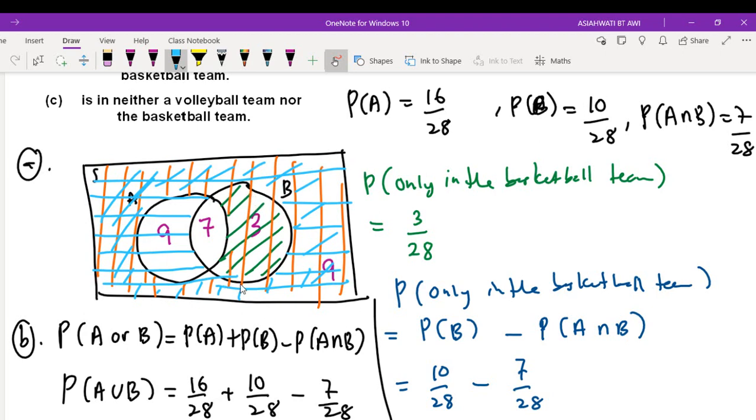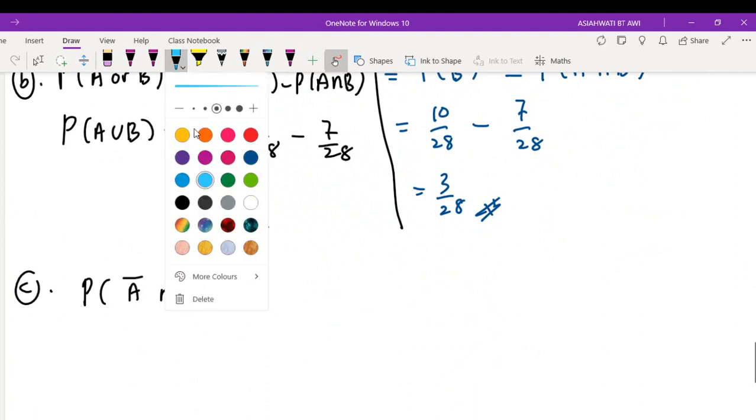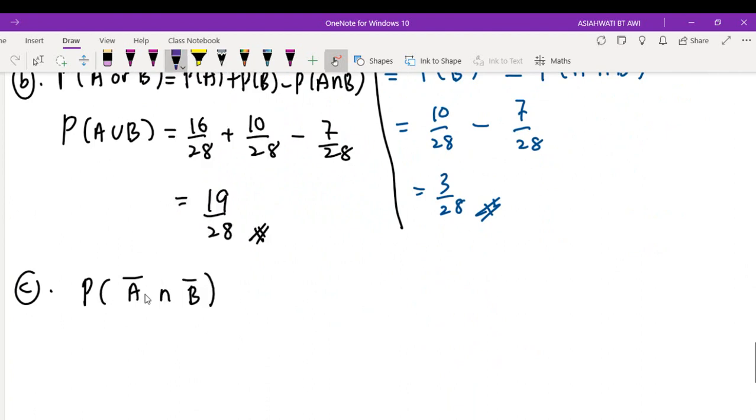Or we can represent it as 1 minus this part, which belongs to A union B. So the probability of not A intersect not B is equal to 1 minus the probability of A union B, or the probability of A union B outside.